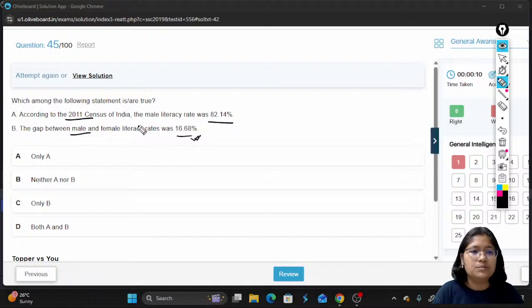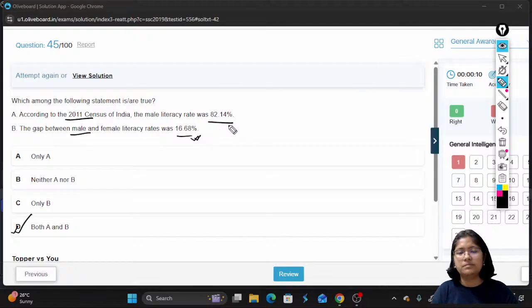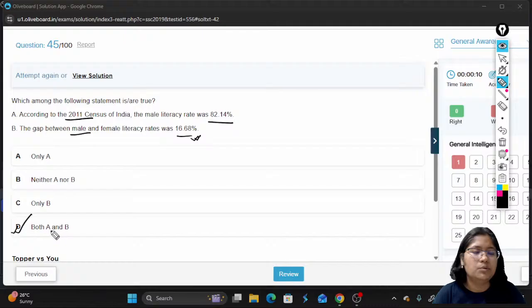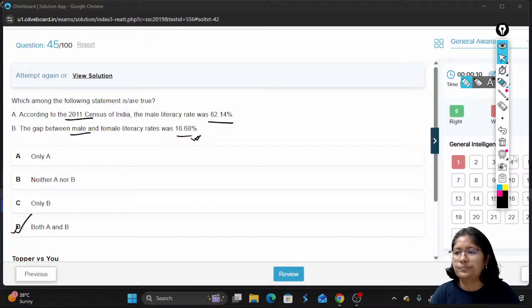So the gap between the male and female is 16.68%, and here both the statements are correct. Okay, and if you calculate the difference and then bring the average, so like that also you can say they are connected. So here both are correct.